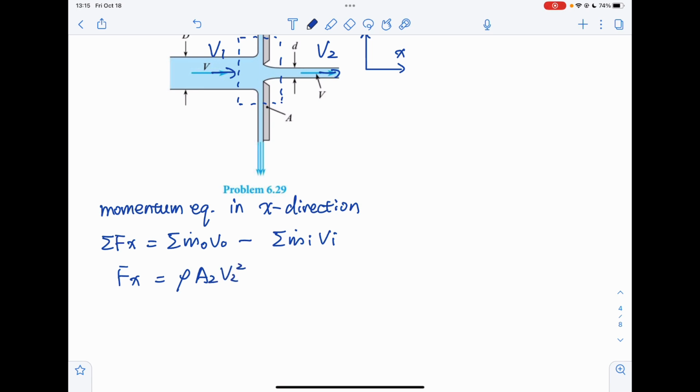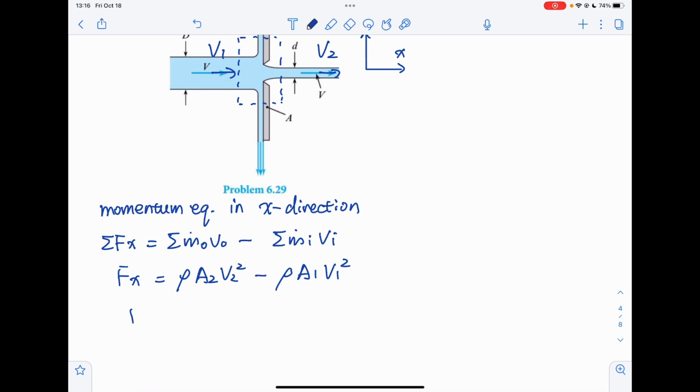Because v2 is in the x direction and doesn't have any component in the y direction, v2x is v2 itself. Similarly for v1, the mass flux calculation is rho times A1 times v1 squared.